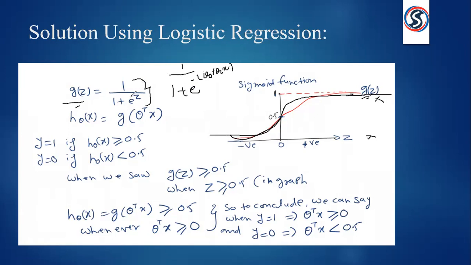So basically this one is minus z. Here two conditions will appear.